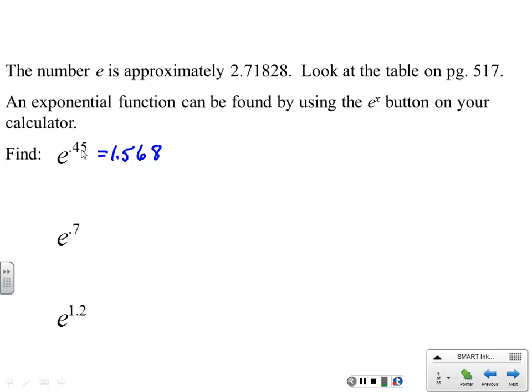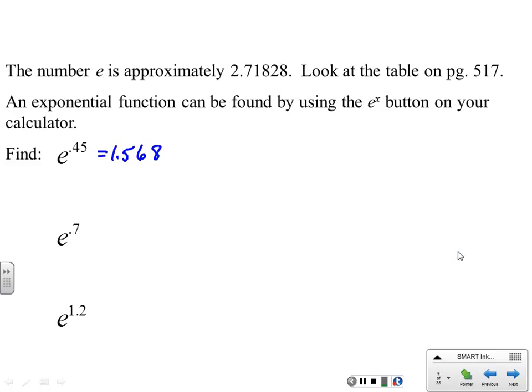Some of you will have to hit 0.45 and then hit your E. Some of you may actually have an E button where you don't have to hit the Shift key, which is good. But if your E to the X is above your LN in a different color, that means you have to hit that Shift button before you can get to it. Is everybody coming up with 1.568? Does anybody need any help?